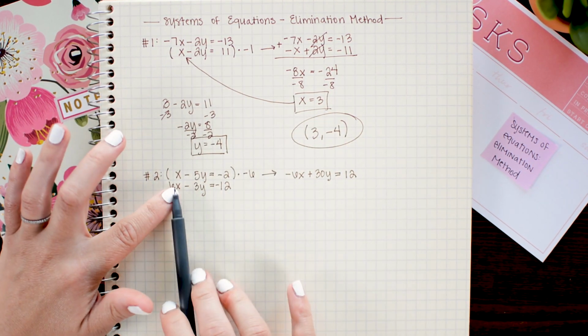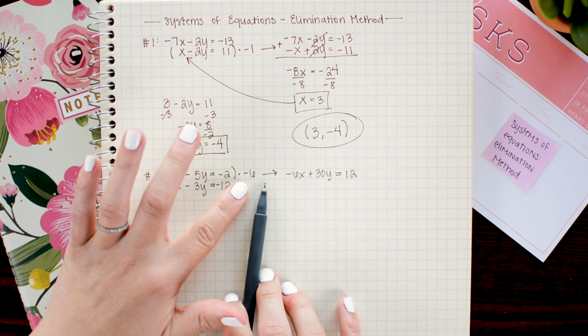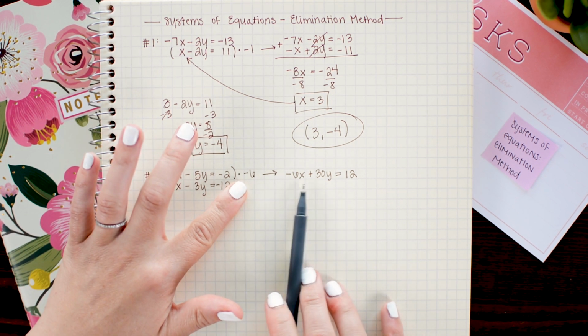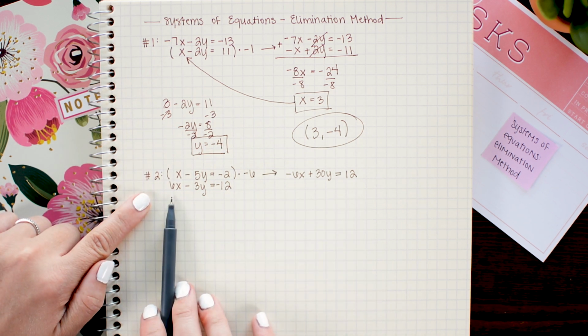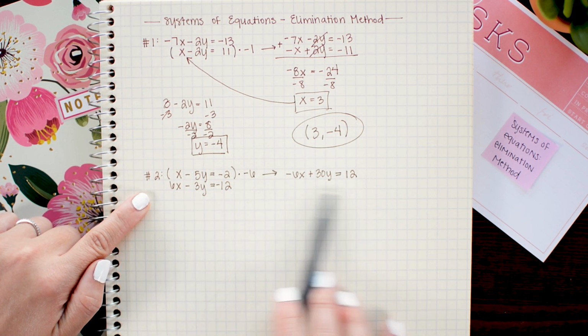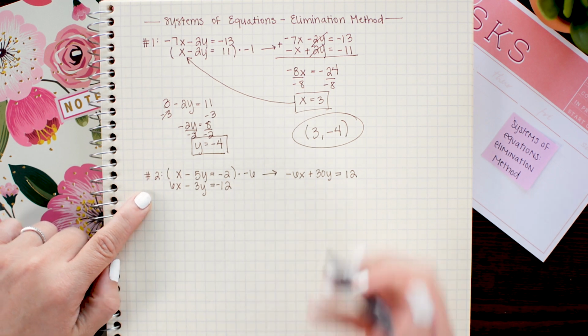So after manipulating the first equation by negative 6, I get negative 6x plus 30y equals 12. Now I'm just going to transcribe the second equation below it and add them together.